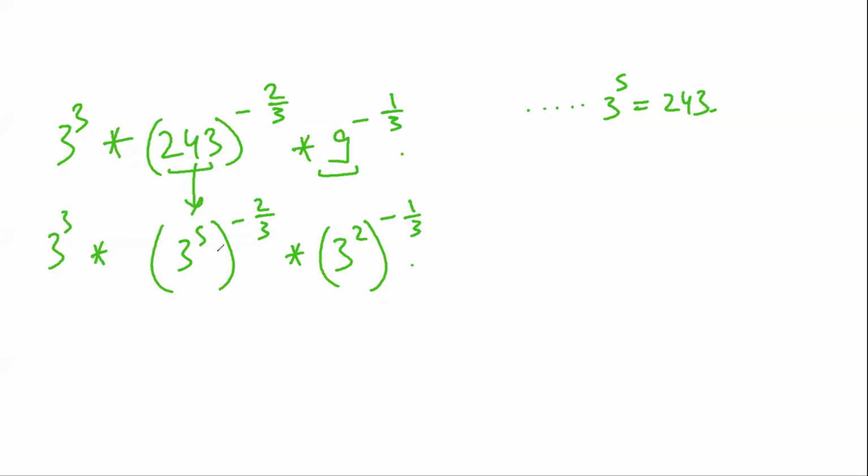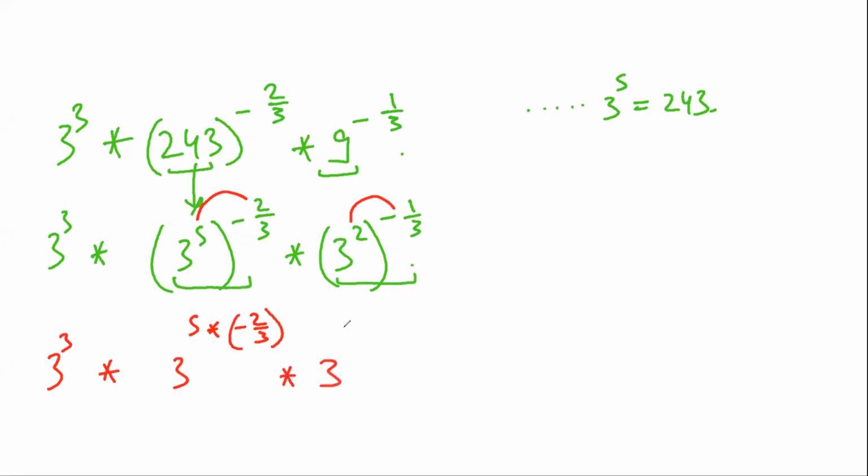How will we apply this? I'll write this multiplied by this and this multiplied by this. So again, 3 cube into 3 raised to 5 multiplied by minus 2 by 3, multiplied by 3 raised to 2 multiplied by minus 1 by 3.